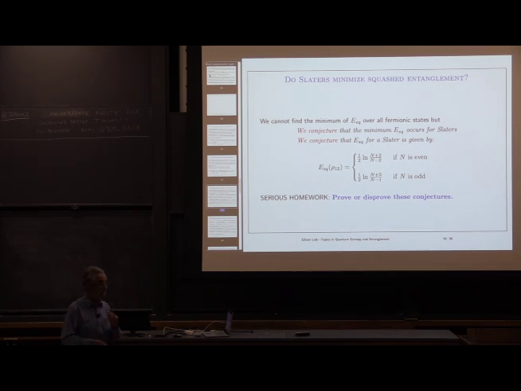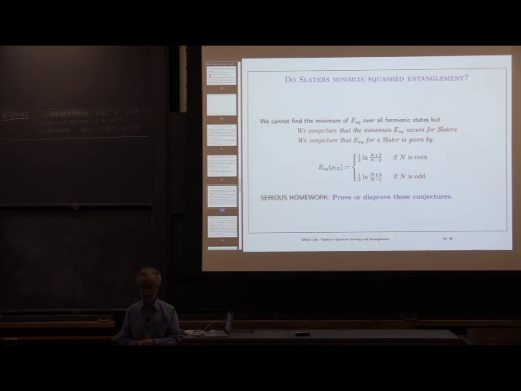So let me repeat that statement. The Slater determinant, everybody knows what that is. We have a definition for squashed entanglement. Remember how it goes. You add a third Hilbert space and you try to minimize this SSA combination of terms over all choices of the third Hilbert space, and you call that the squashed entanglement.